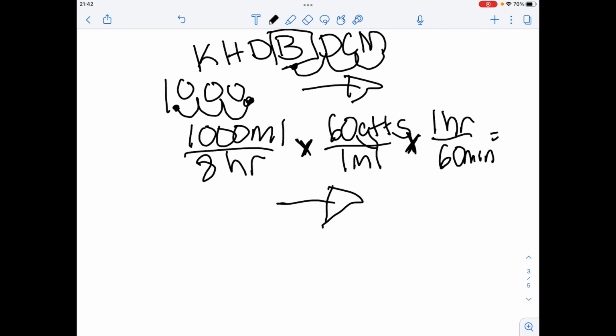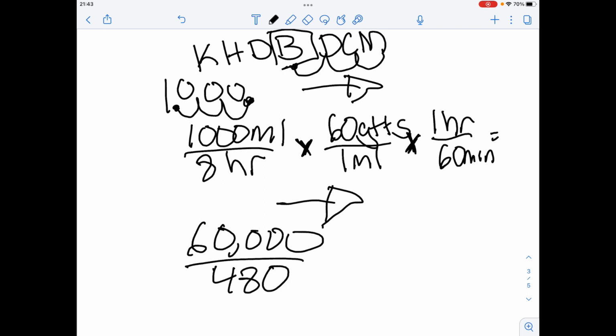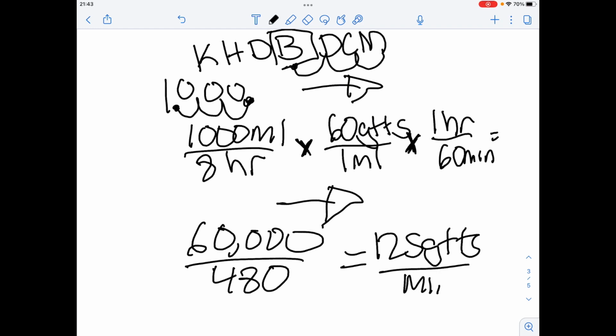So if we multiply across, we are left with 60,000 over 480, which then equals 125 GTTS per minute.